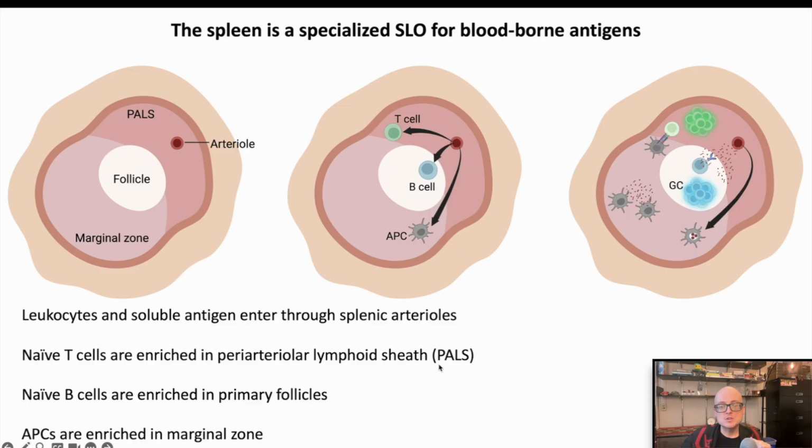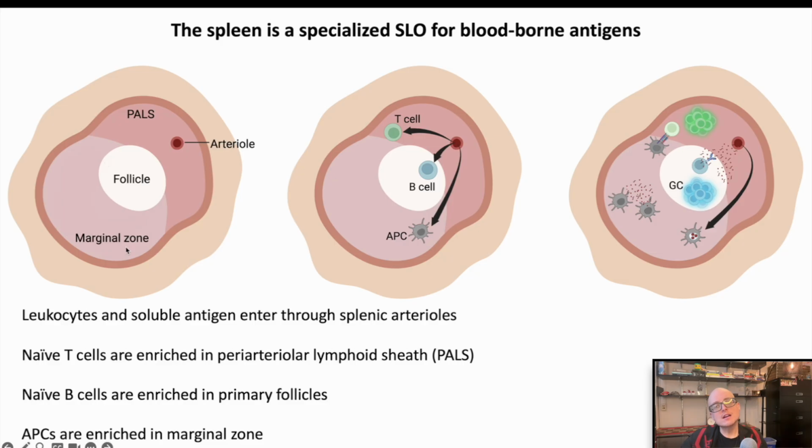This structure, which is also known as PALS, is rich in naive T cells. So it's roughly analogous to the paracortex in the lymph node. Within the white pulp of the spleen, we also have follicles, primary follicles, just like we saw in lymph nodes, and they are also going to be the main location where naive B cells reside. And then finally, there's an additional zone called the marginal zone.